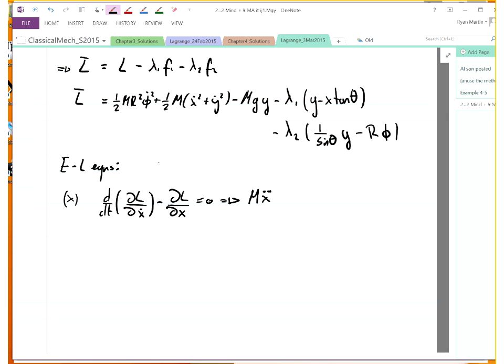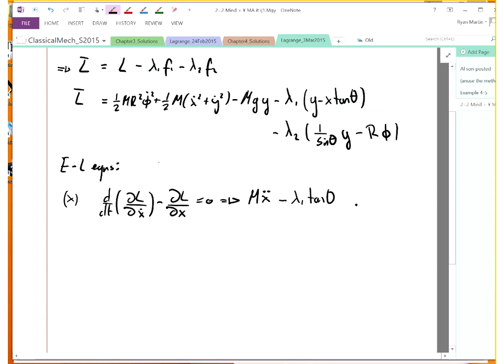Then it's minus partial L by partial x. If I look at our modified Lagrangian, x only appears in the term that has lambda 1 in it. That term is plus lambda 1 x tan theta. The partial with respect to x of lambda 1 x tan theta is just lambda 1 tan theta.